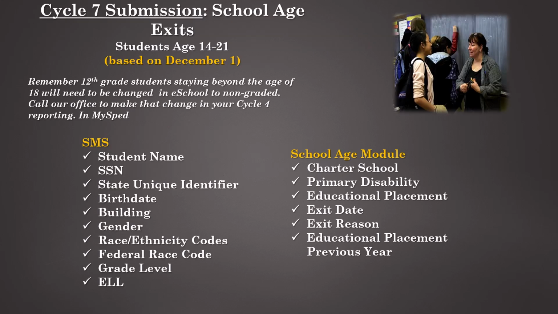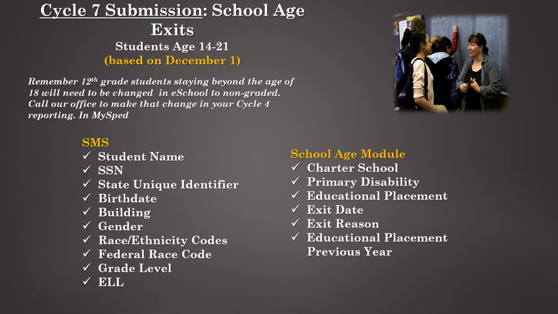These are the fields pulled as a part of the exits for Cycle 7 for student ages 14 through 21. Remember, students over the age of 18 who are staying until they are 21 need to be changed to a non-graded status. These are the fields that are pulled from demographics.